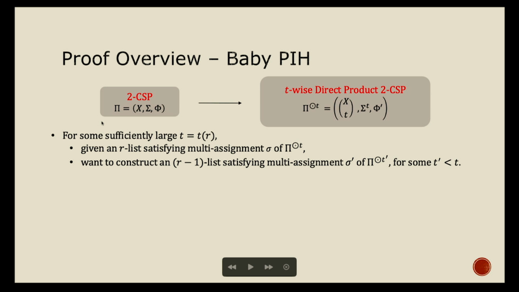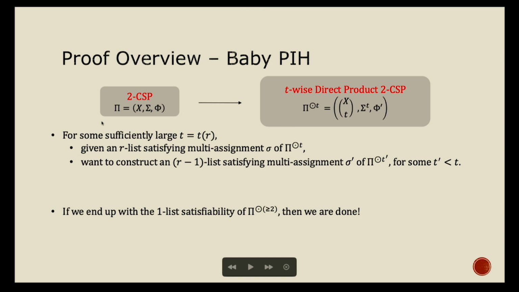Okay, so the proof idea is as follows. We first take the r-list satisfying assignment for some sufficiently large t. Then we want to extract some smaller instance t prime. We want to get a list satisfying assignment for pi to the power of t prime from pi to the power of t.